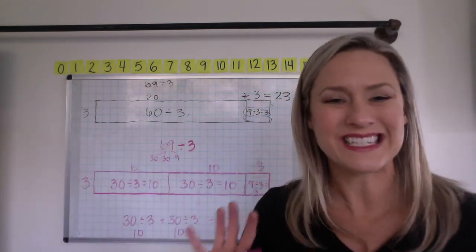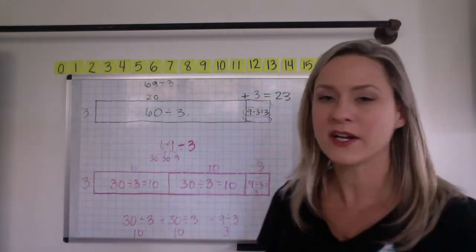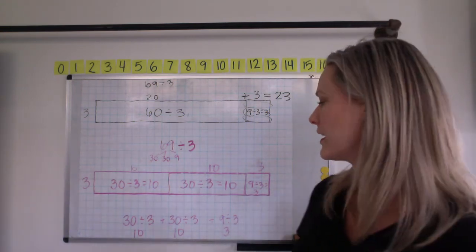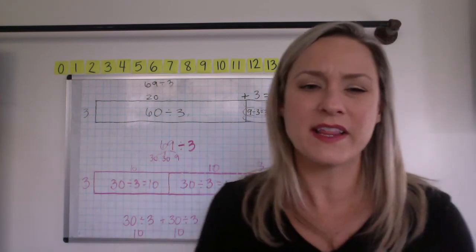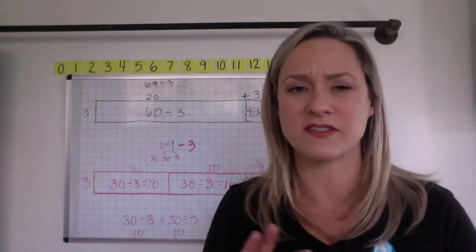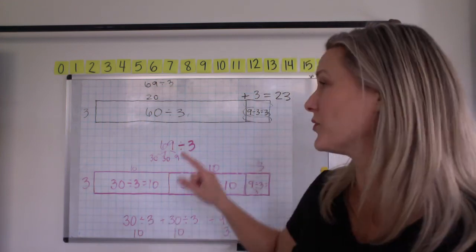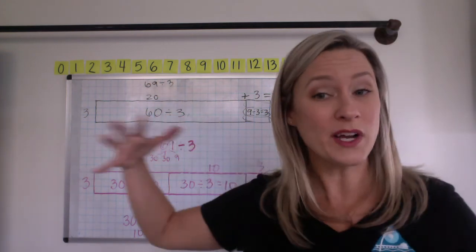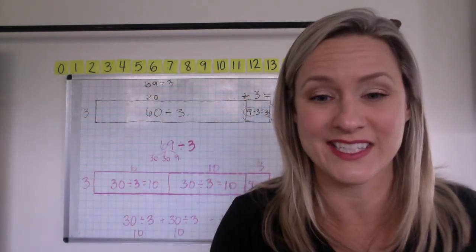So we used friendly tens for this one. So it doesn't matter how you split it up. It's just the way that we're thinking about doing this, right? So any way that you can split things up, you can look at numbers and strategize on what makes sense to you. And the divisor, it's all based on the divisor. What is friendly there? All right, kids, I'll see you next time. Bye.